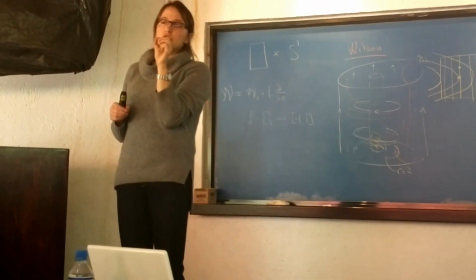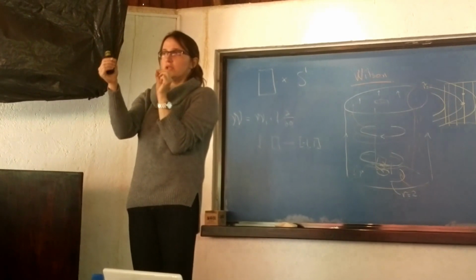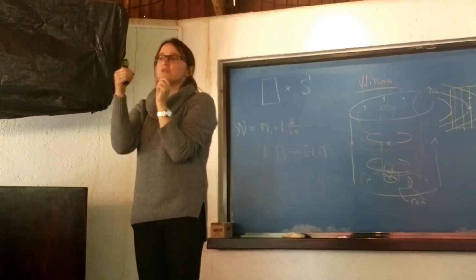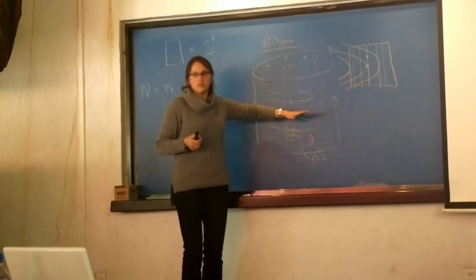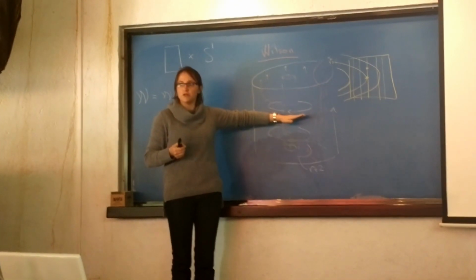And by my lemma, they also contain all the Wilson arcs that survive. In particular, they contain the arcs that are at level C equals 0, the middle arc.